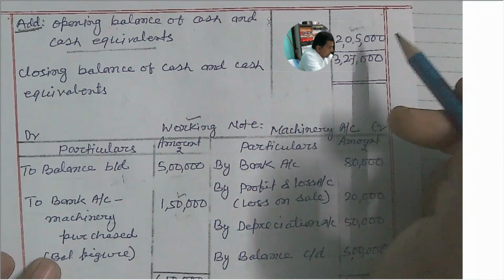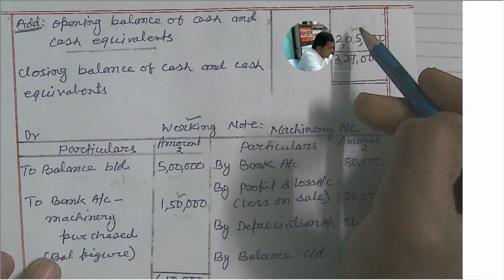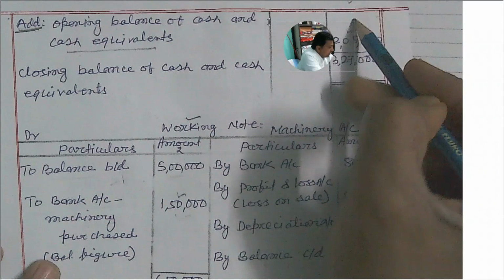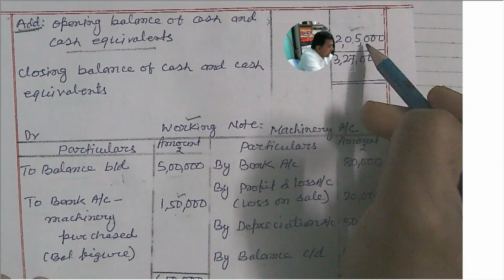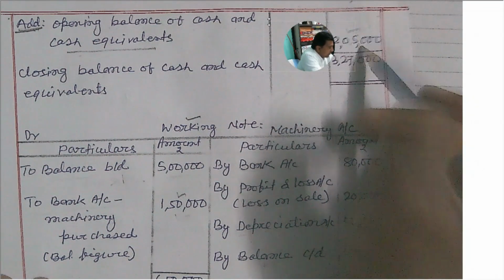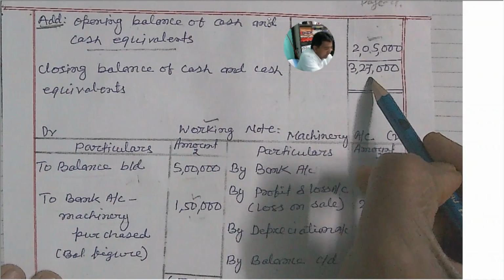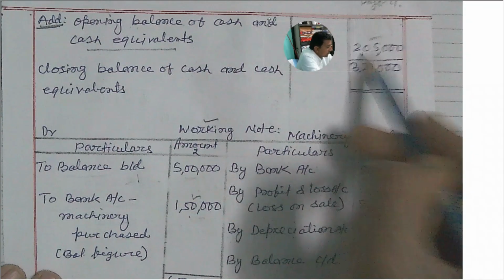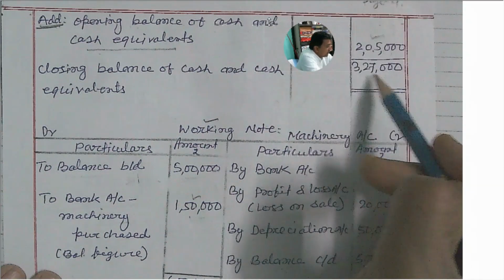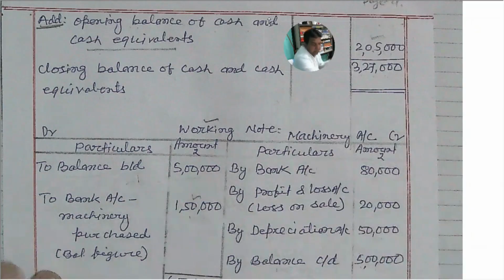Then 1,22,000 plus 2,05,000 gives 3,27,000.